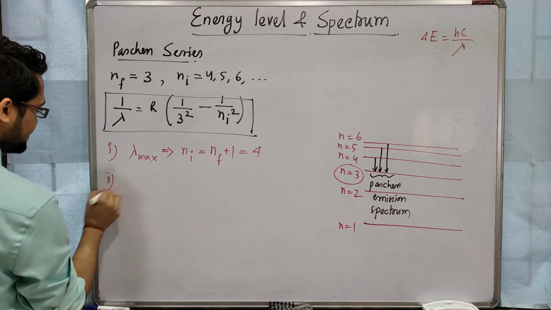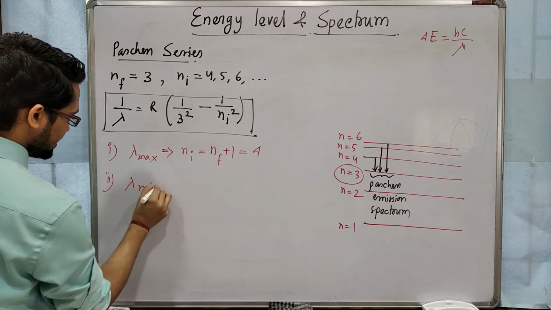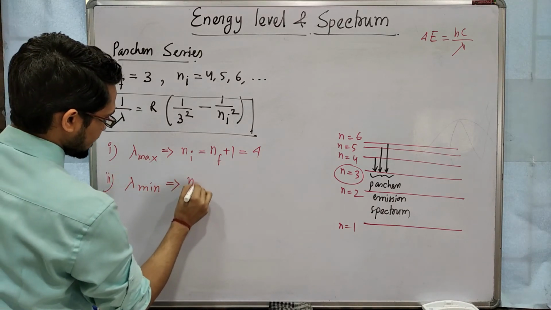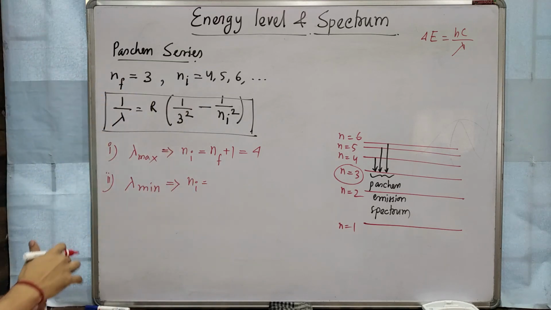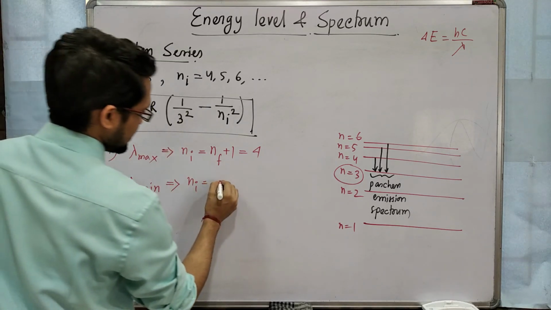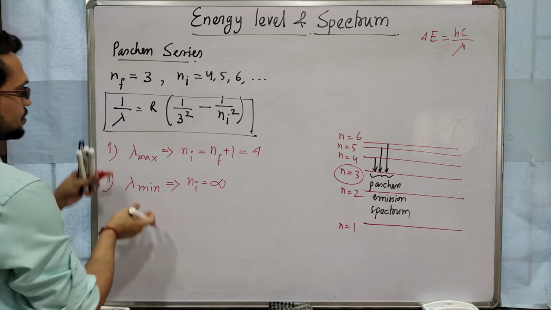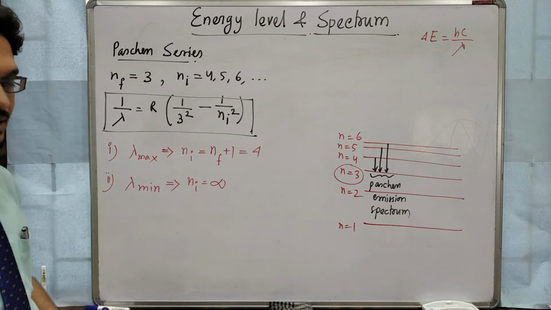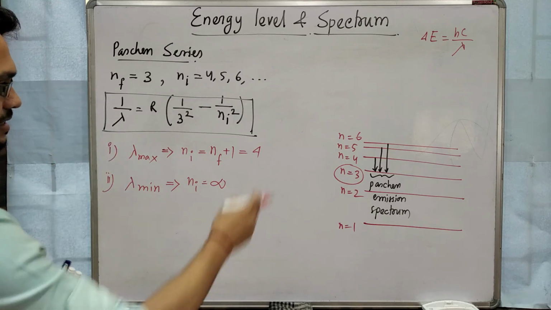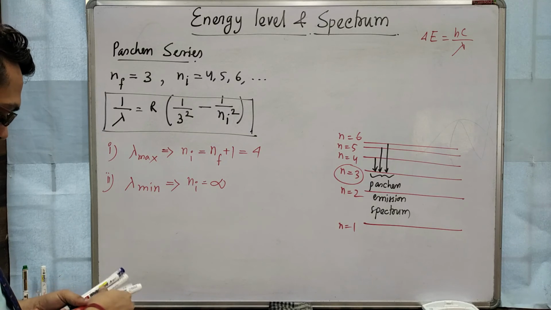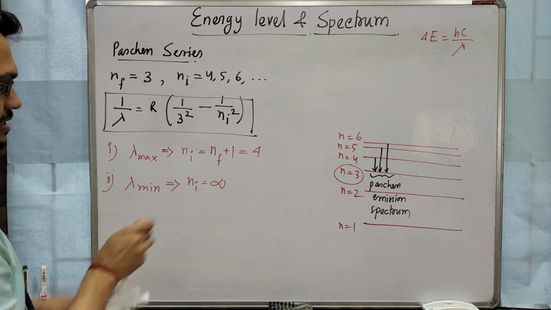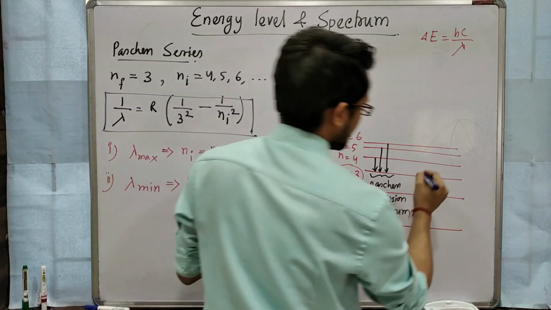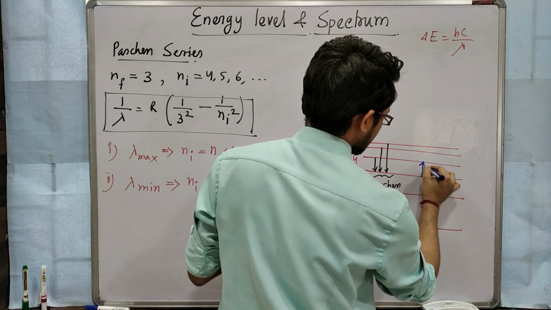And for lambda min, delta E will be maximum, that means Ni will be infinity. You will put these values, you will get the answer. So in this range, lambda max to lambda min, you will get the Paschen series. This is Paschen emission spectrum, and the absorption spectrum will be like this. Just reverse the arrow.